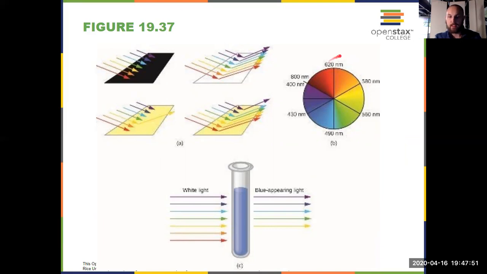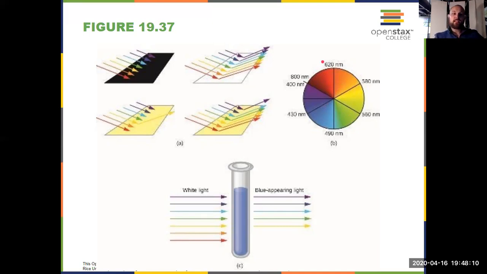So it's absorbing in the orange color. Things don't appear blue because they're absorbing blue, right? They're absorbing everything else but blue. And the thing that's on the opposite side of the color wheel is what they absorb the strongest. So plants appear green because they absorb red light the best.